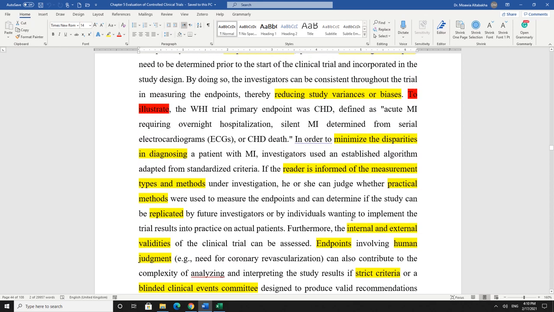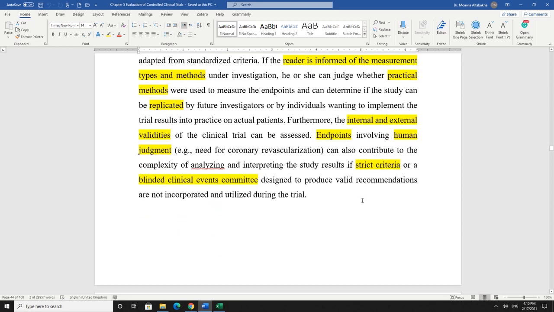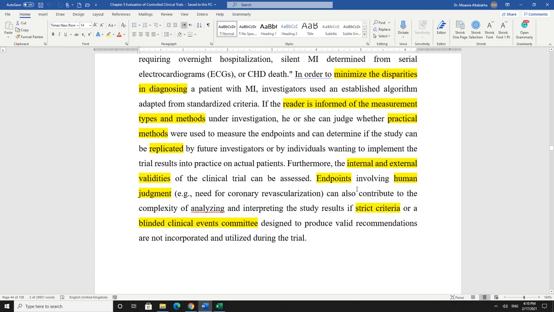Another thing which is important is that the investigator should and must report how they are going to measure the endpoint, the measurement, what is the technique that will be used, not only to use a proper endpoint, but to allow the readers to know about the method that is used in measuring or determining the endpoint. Sometimes the endpoint can be judgmental.